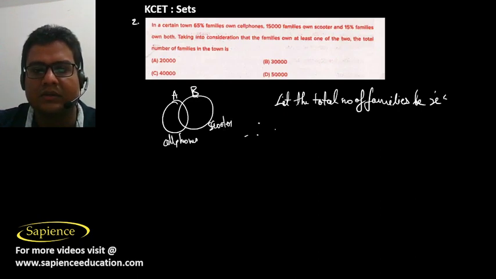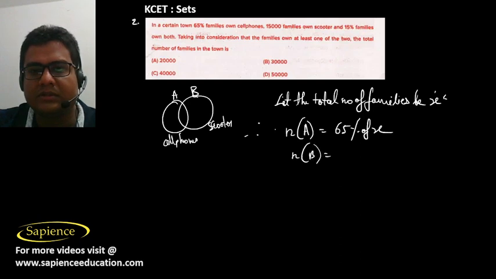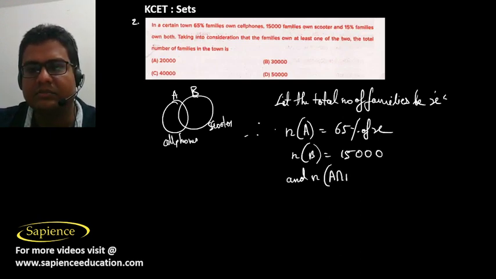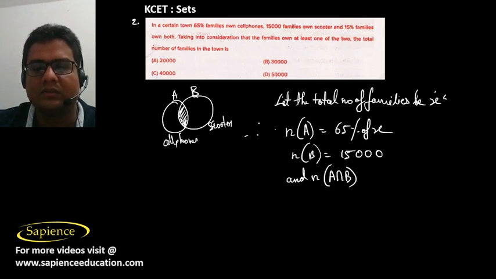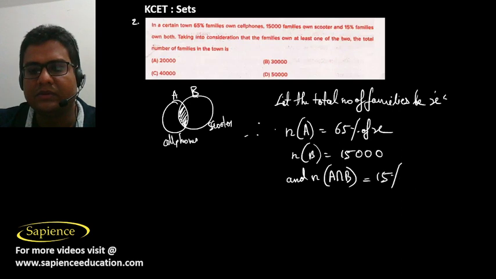So the number of elements in set A is 65% of x, the number of elements in set B is 15,000, and the number of elements in the set A intersection B, it means those families who own both scooter and cell phone, that is equal to 15% of x.